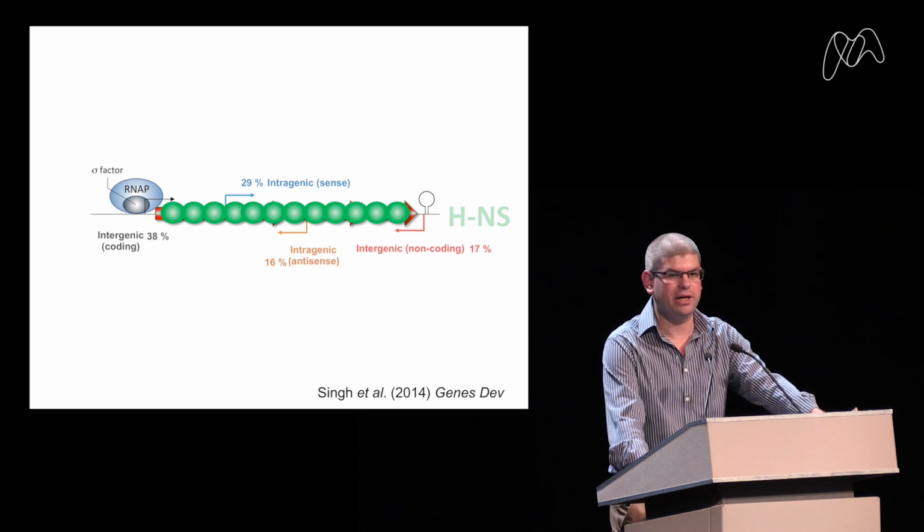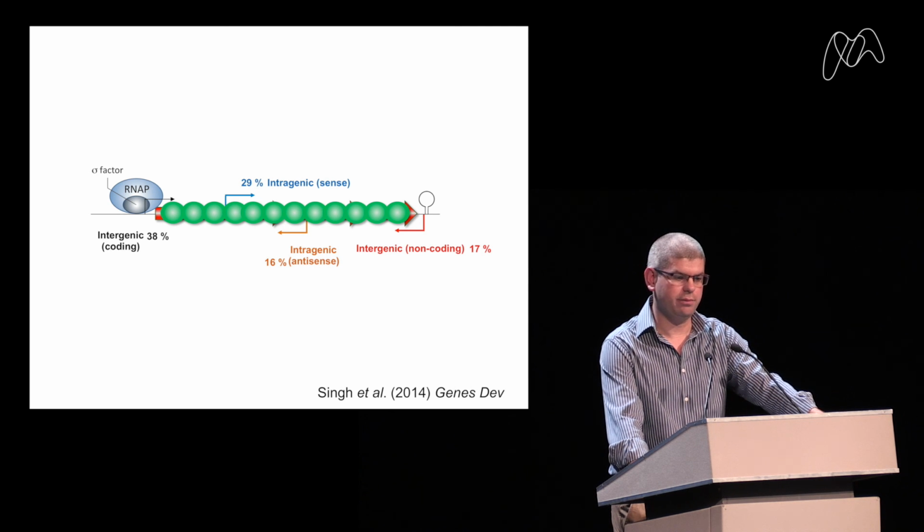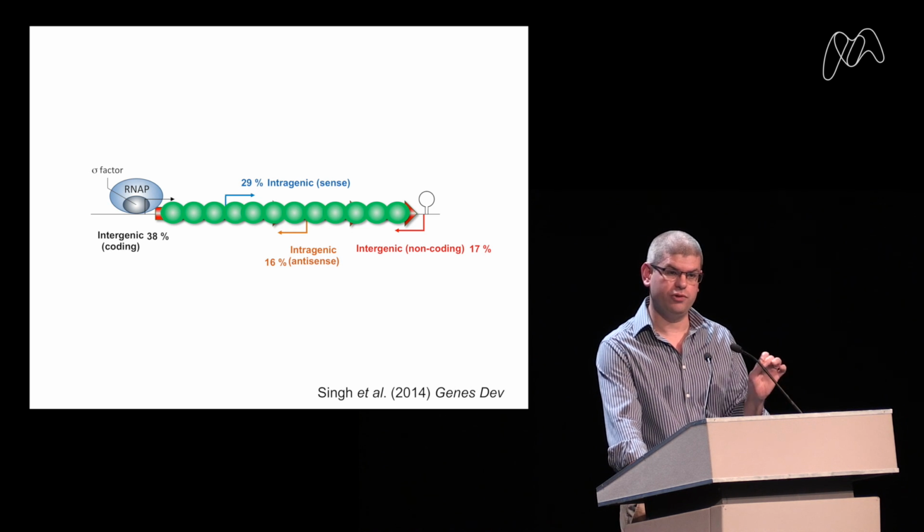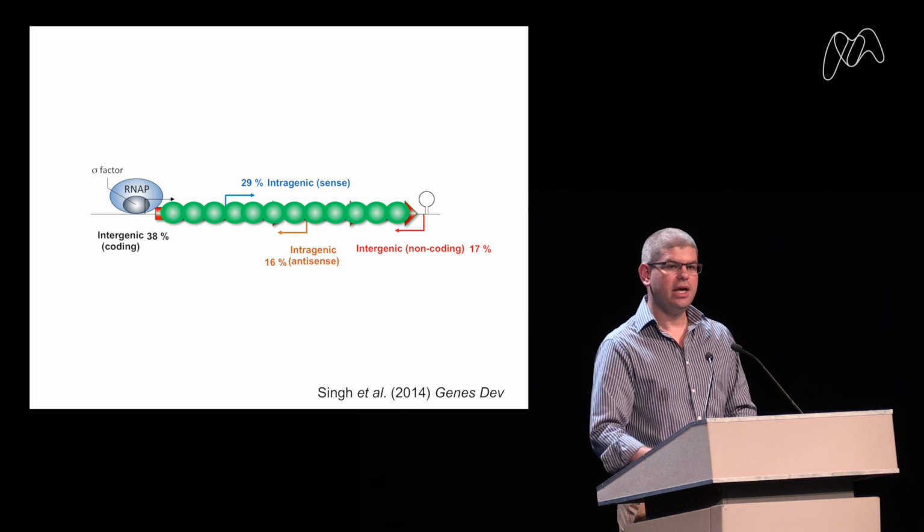Of course, now we've got the benefit of more advanced genomic approaches, much higher resolution, and combining that with some focused genetics and biochemistry, we can see that what H-NS is doing is actually much more complicated, and the majority of promoters that are silenced by H-NS actually reside within these AT-rich DNA sequences.